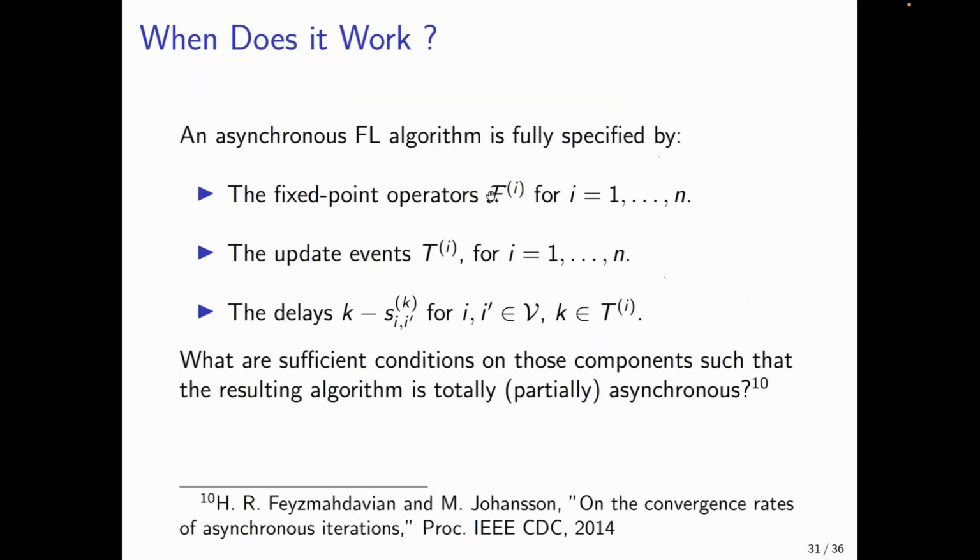And of course, the properties of these fixed point operators decide when an algorithm works or not. But of course, it not only depends on the fixed point operators, but it also depends on the asynchronous computation. So how asynchronous is the algorithm? And this is characterized by the update events, T_i, and by the delays.